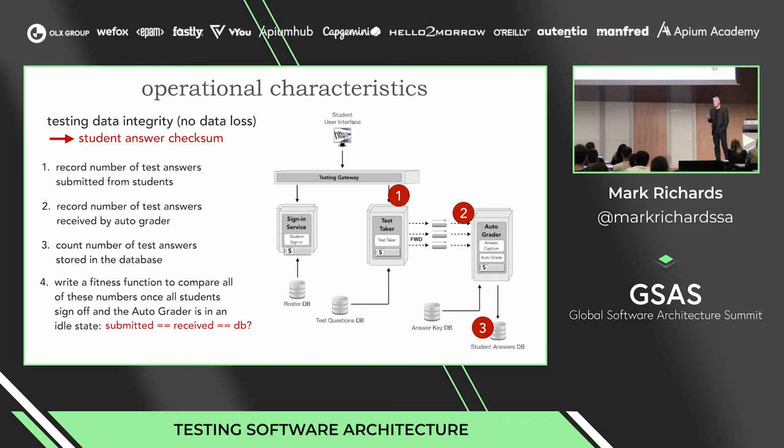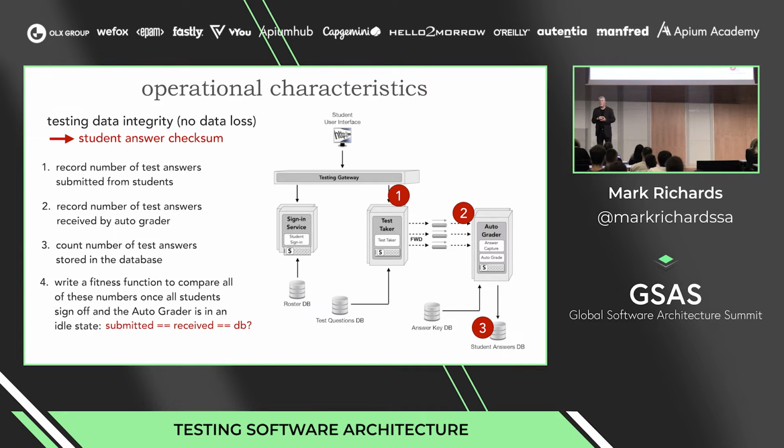Now, all of these should equal each other, but we have a little bit of a problem because I was not quite accurate when I said this is a fairly simple fitness function. Why? Here's why. Those three numbers will never be equal during testing. Oh, right, because this is all asynchronous.